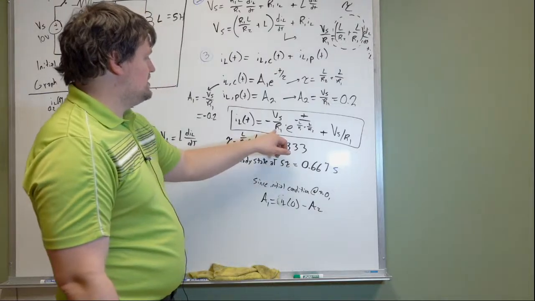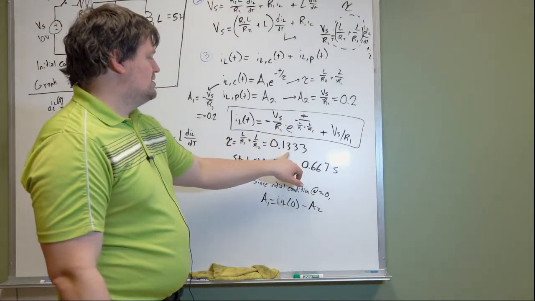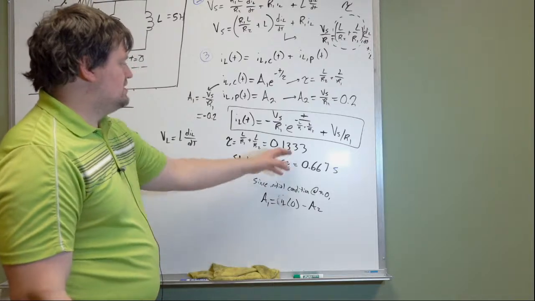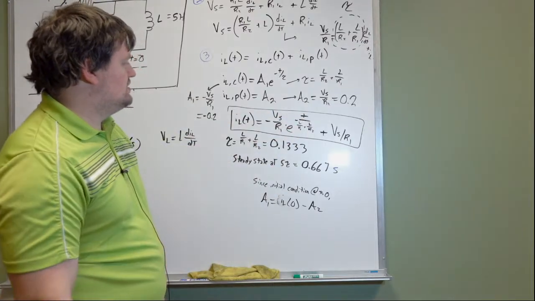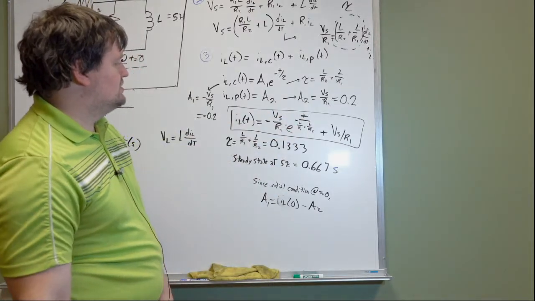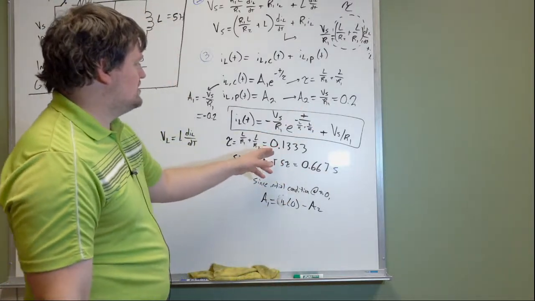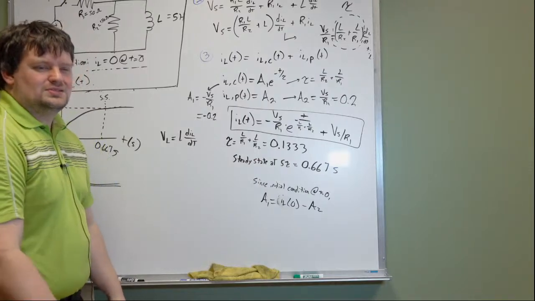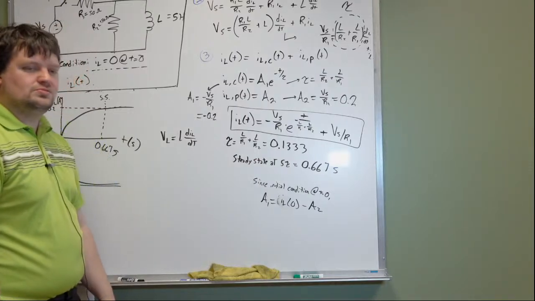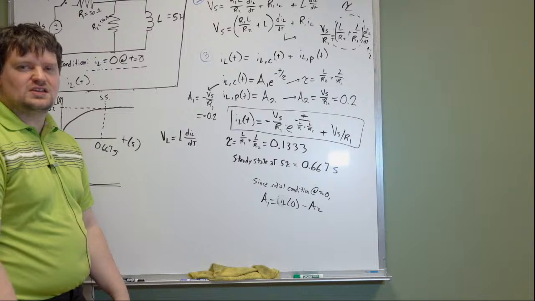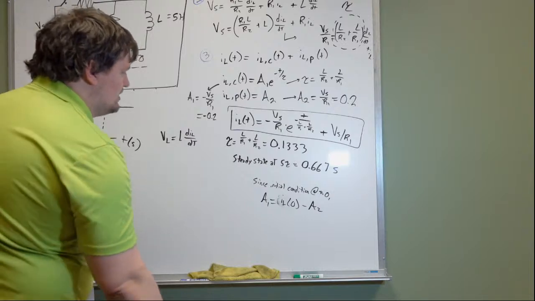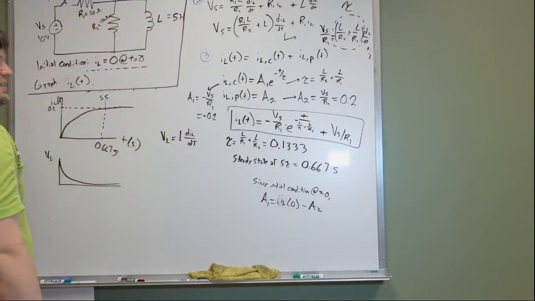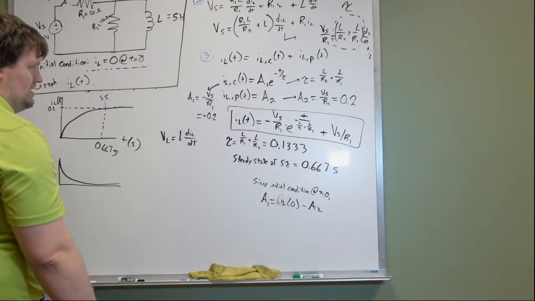It ends up being negative 0.2 times 0.13333 e to the negative 0. That one goes away, so it ends up being about 0.026, something like that. But we end up with that, and that's our initial current.